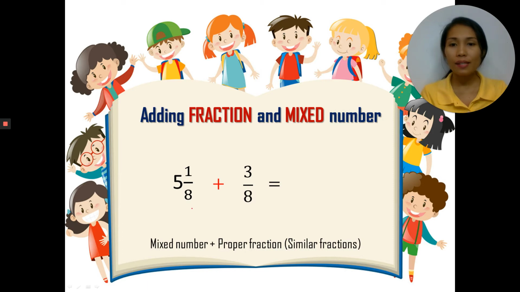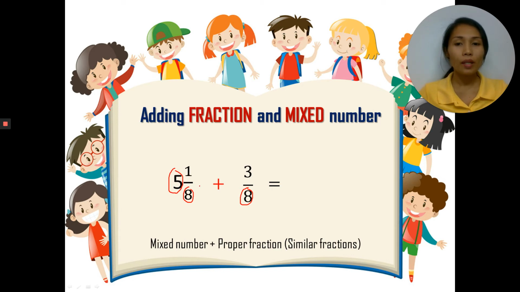All right, as you can see here, our given fractions have the same denominators, right? It's both 8. That means they are like fractions. And adding like fractions is so much easier. All right. What we have to do is just add them up together. Okay, the difference is we have here the whole number, right?